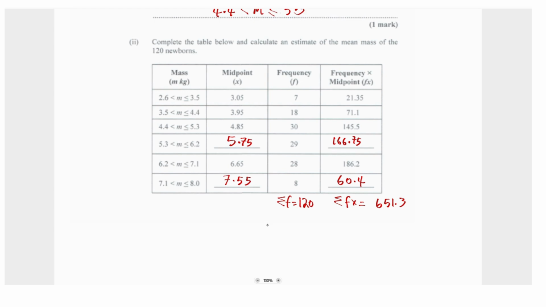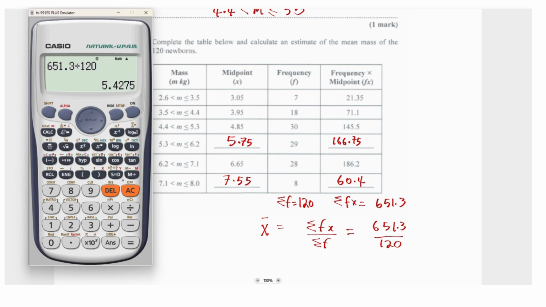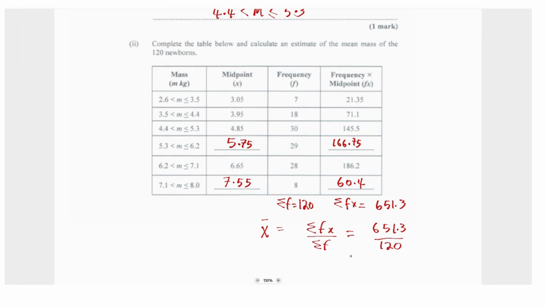So the mean is the sum of fx over the sum of the frequency. So the mean is 5.43 to 2 decimal places.